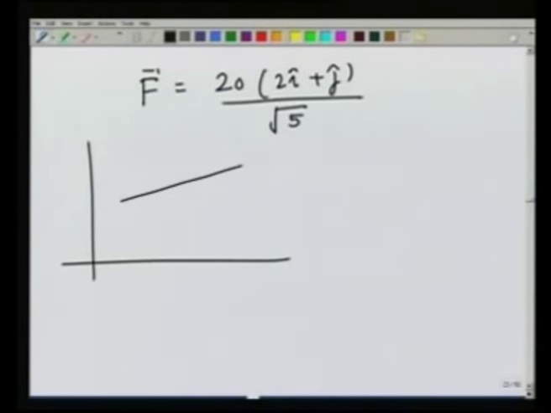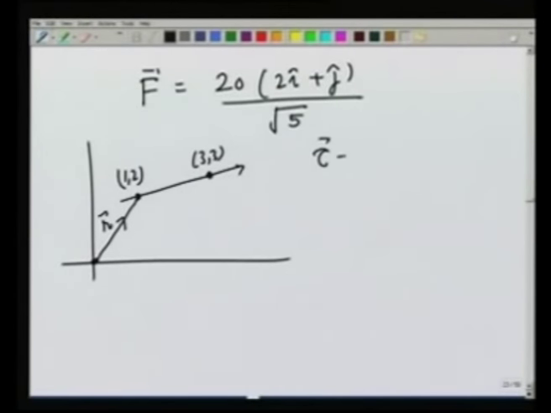It is being applied along the line passing through (1, 2) and (3, 3). Let us calculate the torque about the origin by first taking R from 0 to (1, 2).